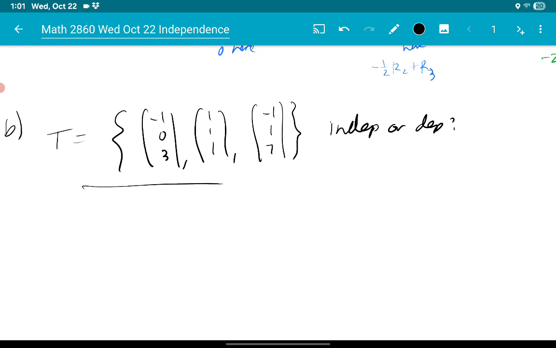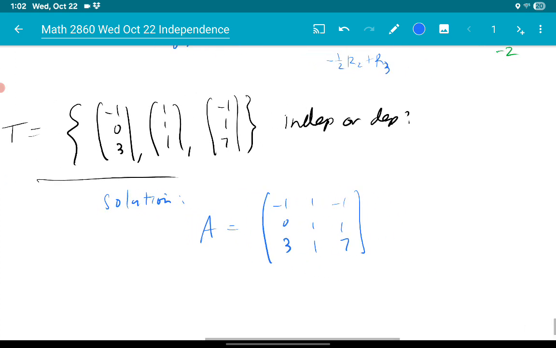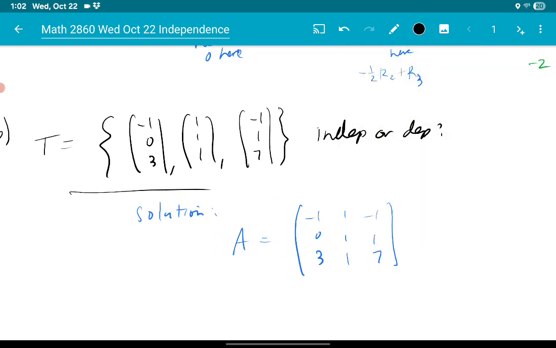Okay, so here's the solution. We'll use the same solution technique. We'll create a matrix. We'll put the vectors in as columns. By the way, even if I had written the original vectors horizontally, which sometimes people will do to save space on a page, you'd still create the same matrix.